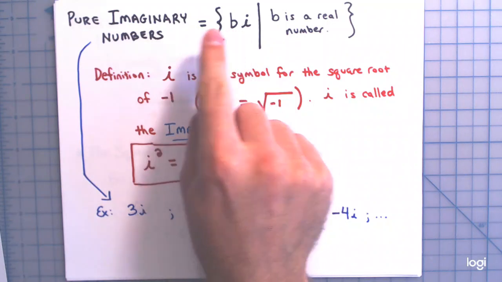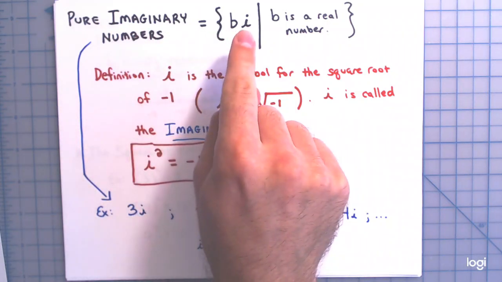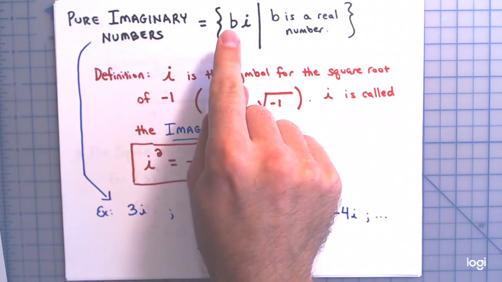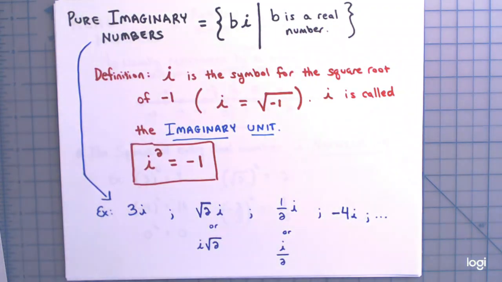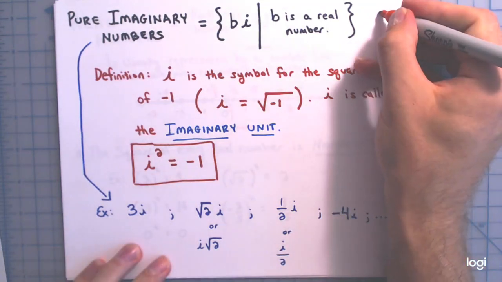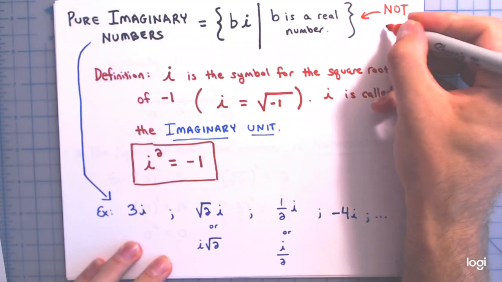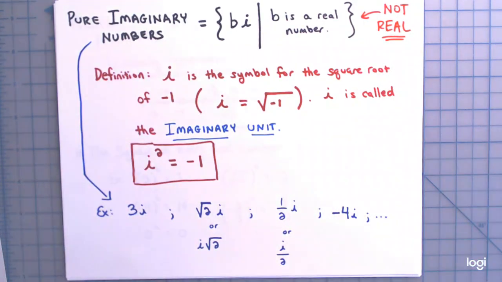Every single one of these pure imaginary numbers looks like this, where you have b times i, and the b, the coefficient of the i, is a real number. But these numbers themselves, we're in the realm of not real numbers anymore. The whole set is made up of not real numbers.